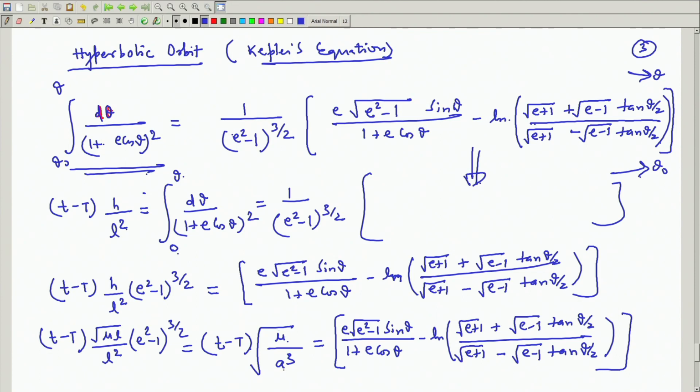So, mu by a cube; here a, remember, which is appearing in this case, a is greater than 0.